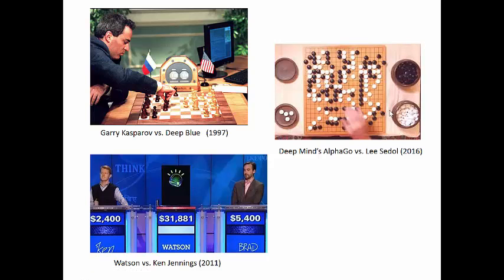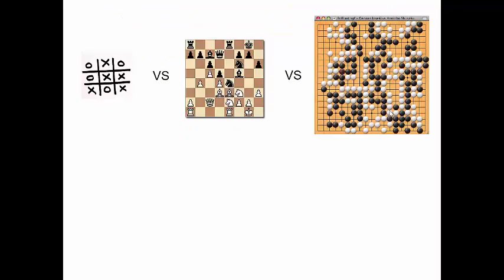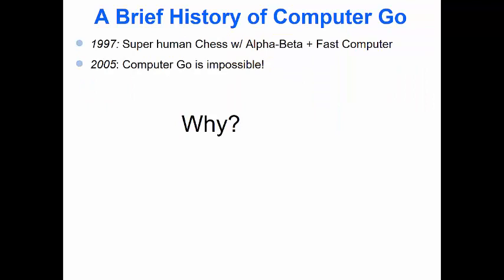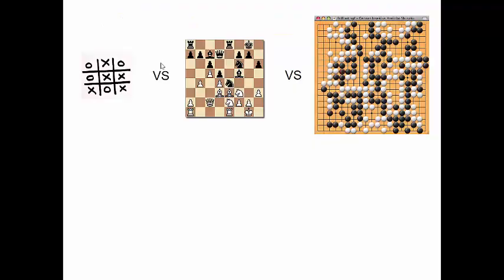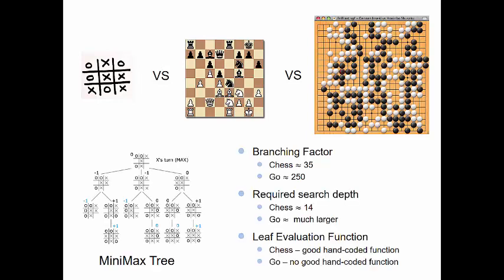It took a long time to get there, though. By 2005, it was still considered to be an impossible problem for AI. There was no progress whatsoever, and the same types of techniques that worked for chess did not work for Go at all. One reason is that Go is a much larger game.